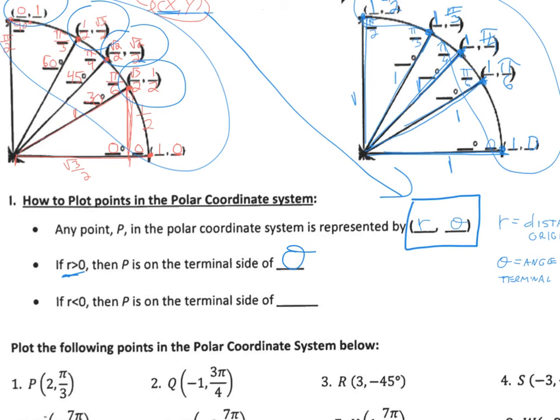Now, if we make the radius negative, if we say the radius is less than 0, then think of it as being opposite. Think of the unit circle. If you're on a circle and you want to go the opposite way, you go 180 degrees. So P is on the terminal side of theta plus pi, or theta plus 180 degrees.